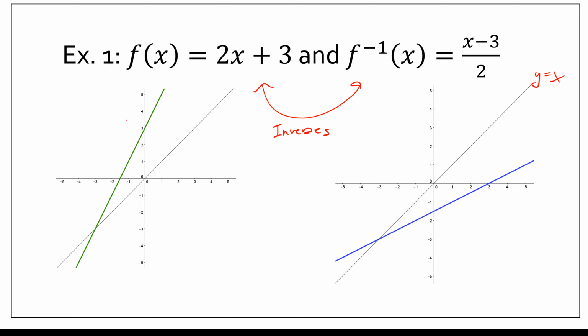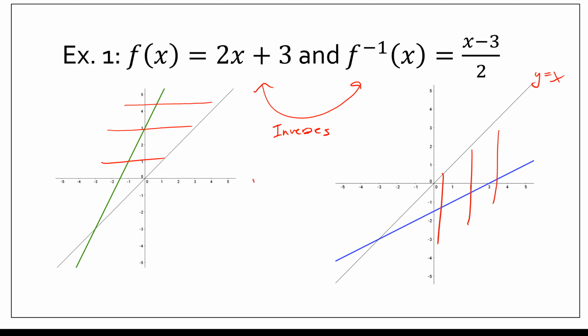So what happens in the original function when I turn a vertical line sideways? Well, it becomes a horizontal line. So in other words, when I pass a horizontal line through this function, it's doing a vertical line through the inverse. Horizontal line through here means vertical line through the inverse.